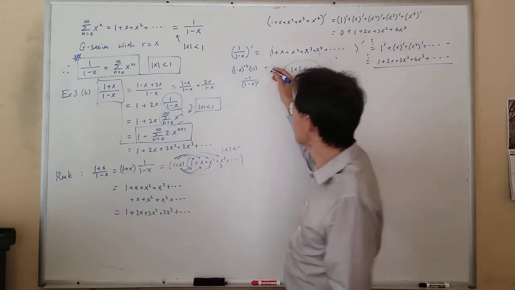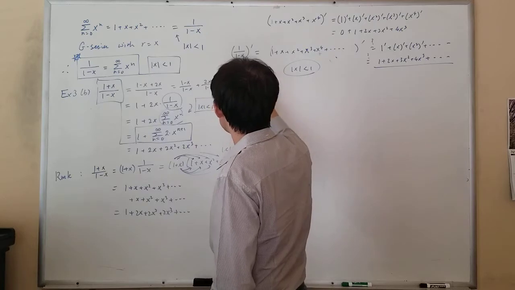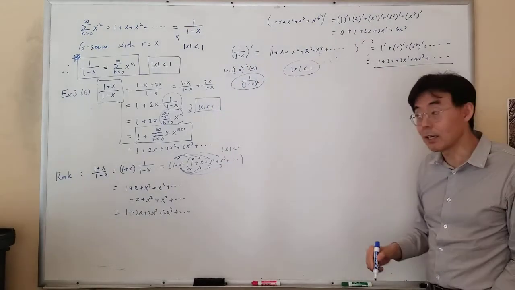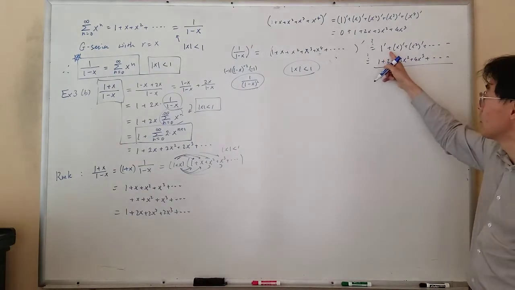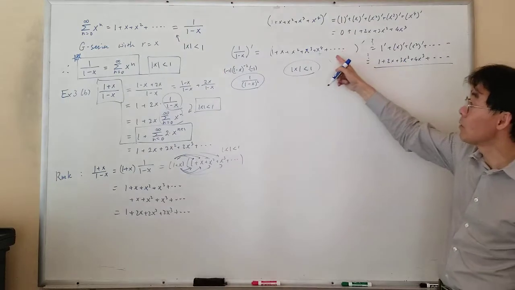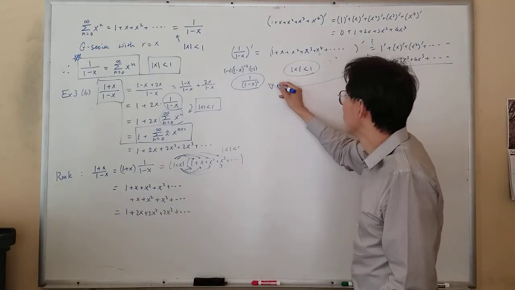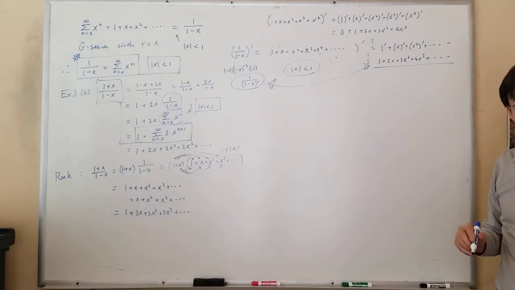Well, wait a second, no. Negative 1 times this, and the derivative inside. So this is the derivative of 1 over 1 minus x. And this is the term by term differentiation of the power series of the original function. It is known to be equal, with the same radius of convergence.